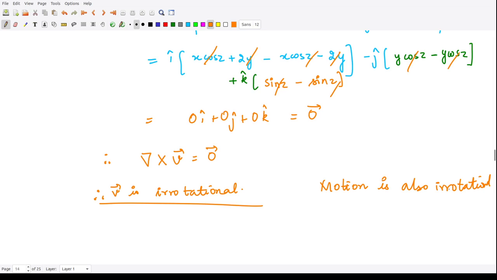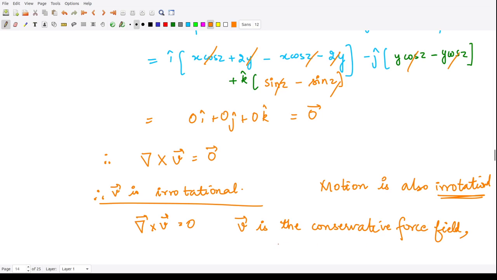For the second part, if the motion is irrotational, if this quantity is equal to 0, that means you can say the velocity field v is the conservative force field, right? And if this is the conservative force field, in that case whatever is the quantity v, it can be written as the gradient of some scalar function phi, that phi is the scalar potential.